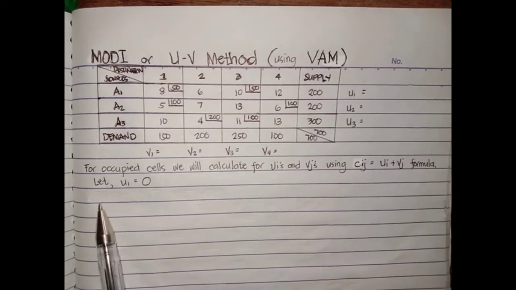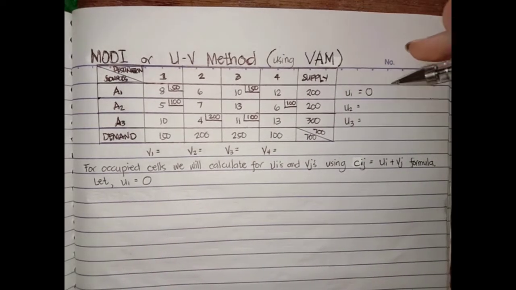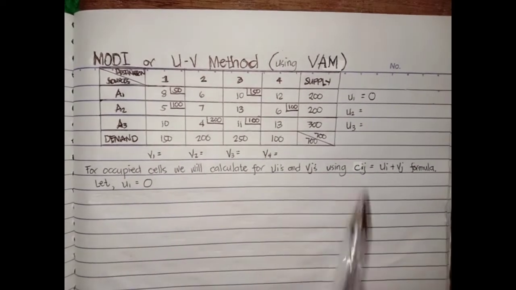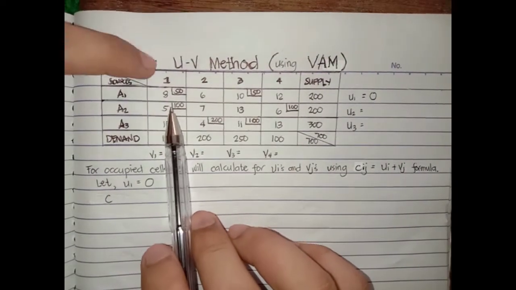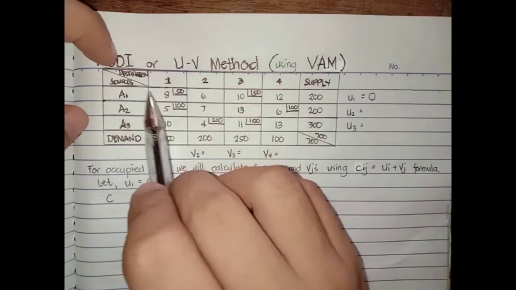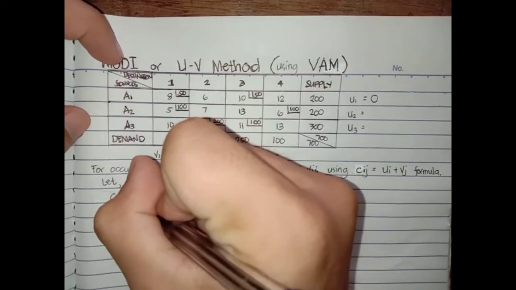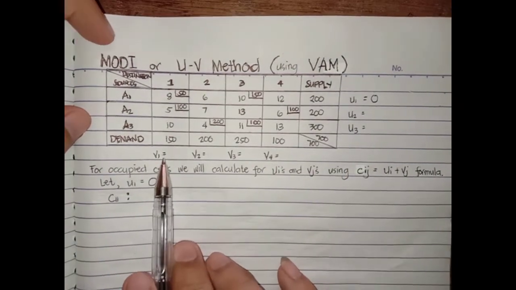So first we will let U1 is equal to 0. So we will put 0 here. The occupied cell is here in 8, in row 1, column 1, so C11. Using the formula, we will calculate our V1.